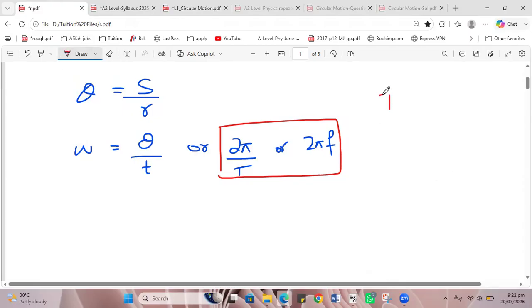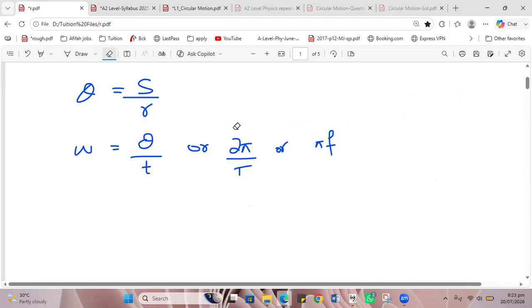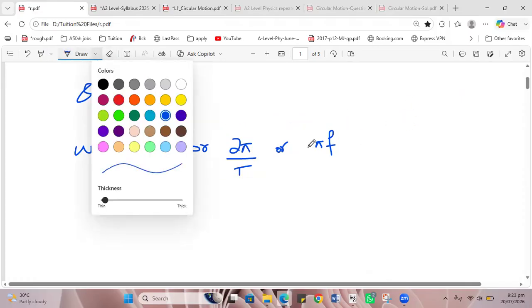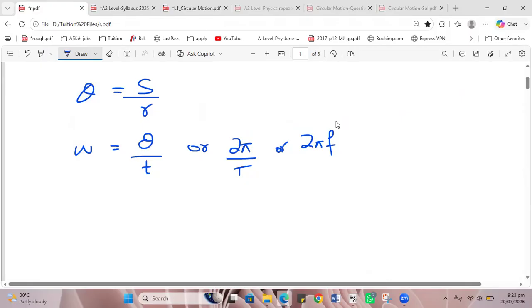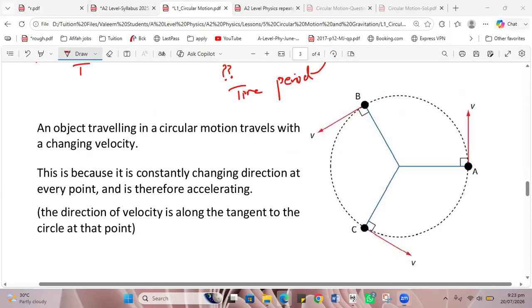Let's say the question says the time period is, let's say, 6 seconds. Right? So you can use this formula if you are given time period or frequency. Okay, so we are now done with some basic terminologies. Angular speed, angular displacement.